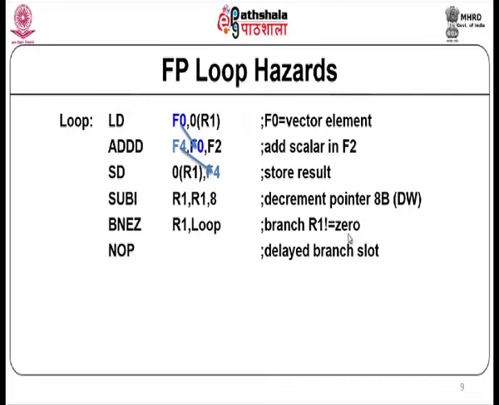Similarly, the third instruction, store, is dependent on the add instruction. So each instruction is dependent on the other. It is not possible to uncover parallelism here because there are only 3 instructions and all of them are dependent on each other. That's why we looked at the loop unrolling technique earlier, where you unroll the loop and schedule different iterations in different slots so that the dependent instructions are separated.